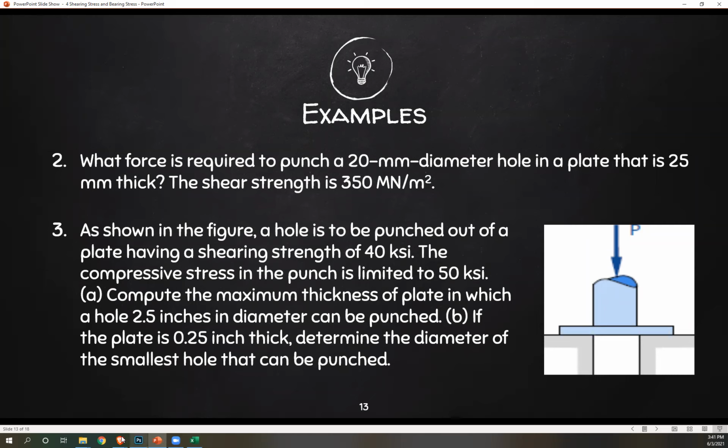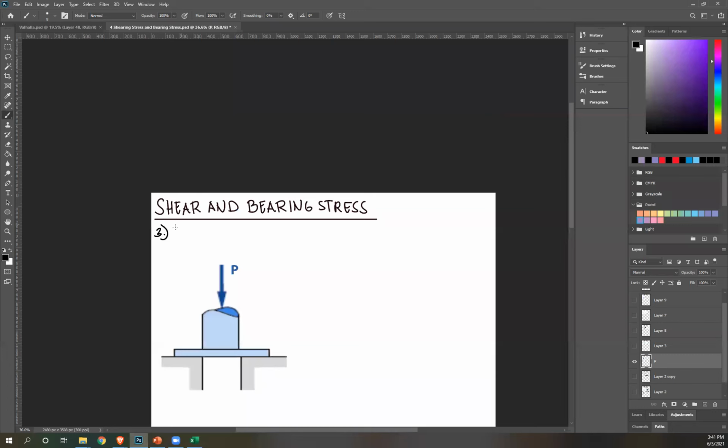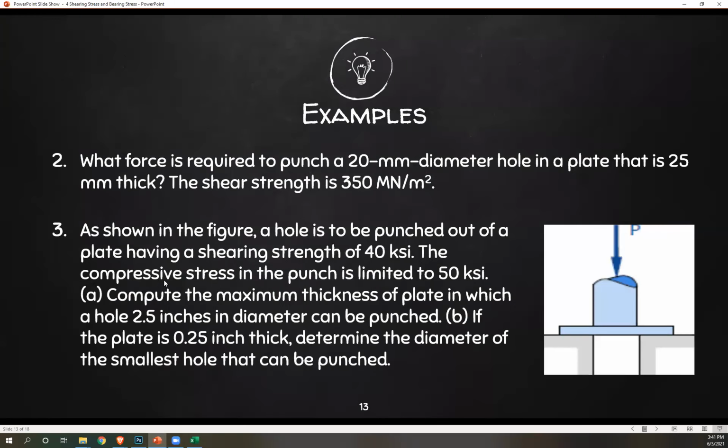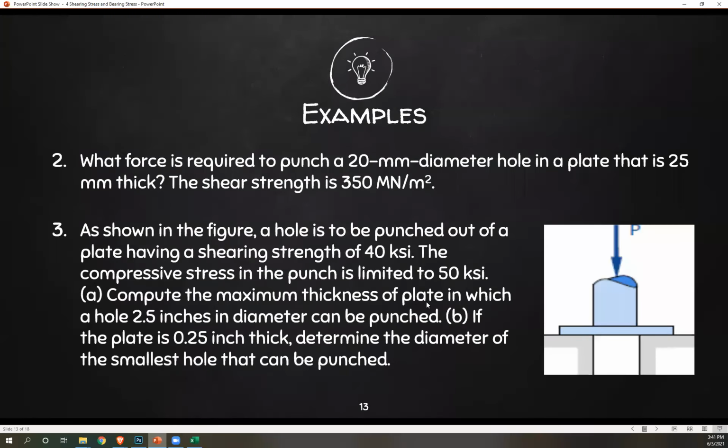Again, the first step is to write the given. First, shearing strength 40 ksi. So that's tau equals 40 ksi. Next, compressive stress, that's sigma equals 50 ksi. What else?